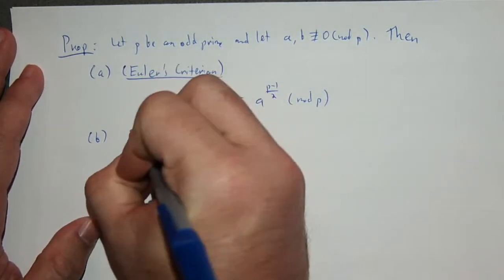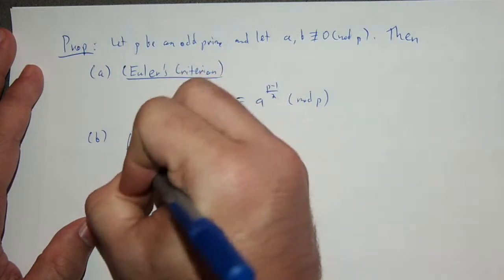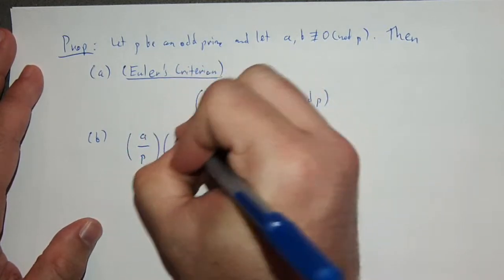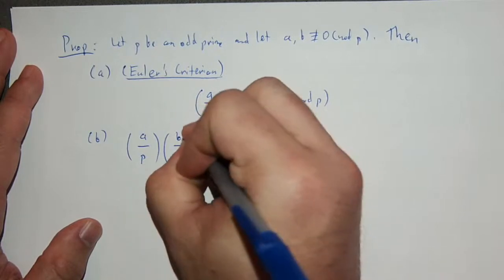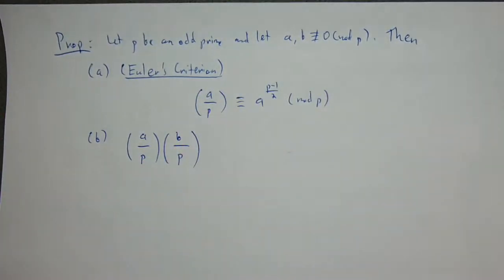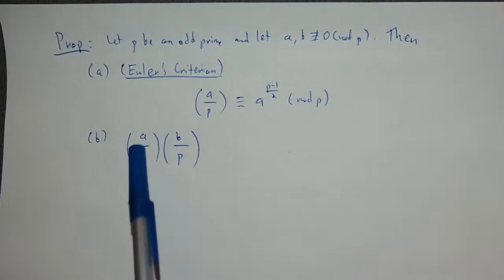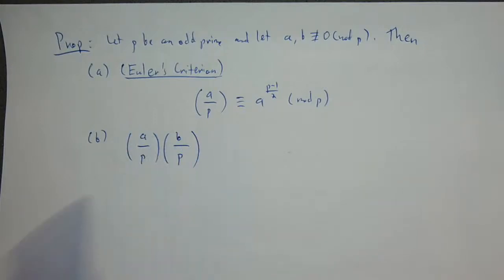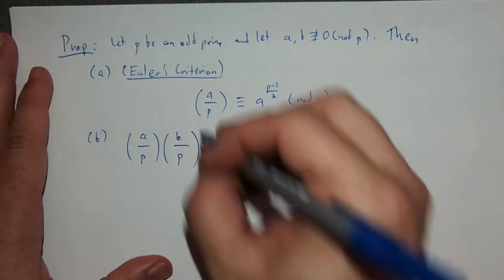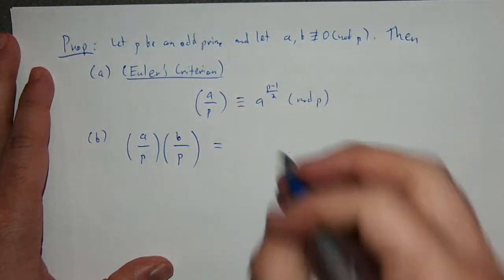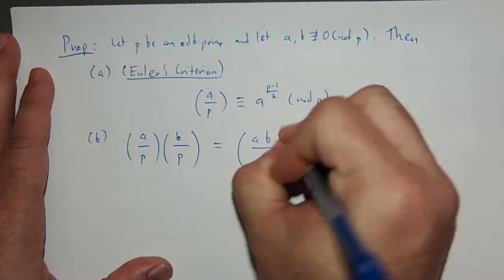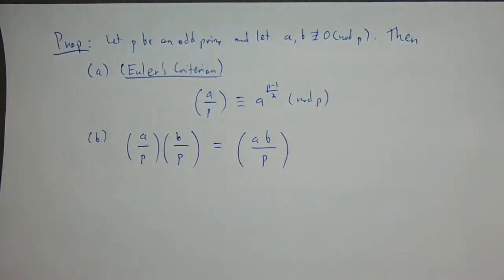So the next thing has to do with the relationship between multiplying two Legendre symbols with common denominator. So I have a on p times b on p. Well, this is actually equal to ab on p.